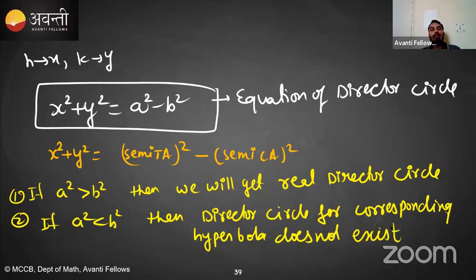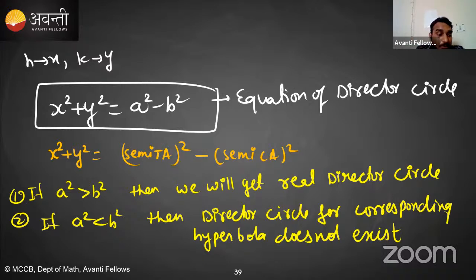Clear? Because the radius comes out negative, which cannot be possible. Is this clear? So this is a very important note that for ellipse, for all kinds of ellipse, the director circle will always exist. Yes or no?